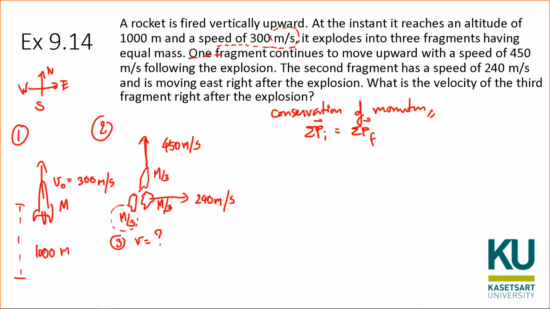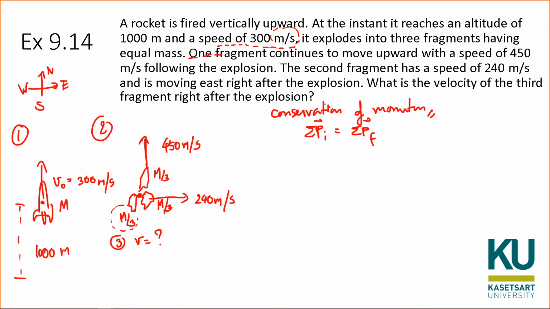Now we look into the system of particles, which has its center of mass always at the same position. For example, in this case, you can have mass M to represent the total mass, and sigma m is broken into M over 3, M over 3, M over 3 for the 3 fragments.